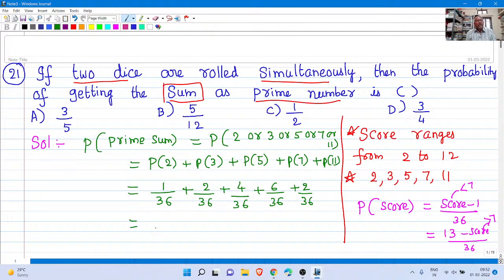Now 36 is the common denominator. So 1 plus 2 plus 4 plus 6 plus 2: 6 plus 2, 8 plus 4, 12, plus 3, 15 by 36. Dividing by 3, 5 by 12 is our answer.